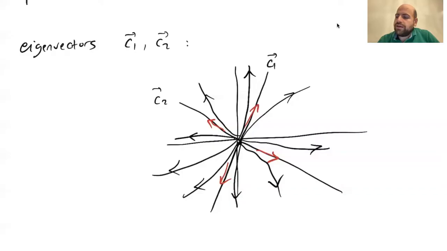So say along any other point other than the points on these two lines, the particle will not stay on a straight line anymore, because the only direction on which it remains on the same direction is the direction of eigenvectors. So let's say if it starts from somewhere here, because it's not on the direction of eigenvector, it will not remain on the same line.